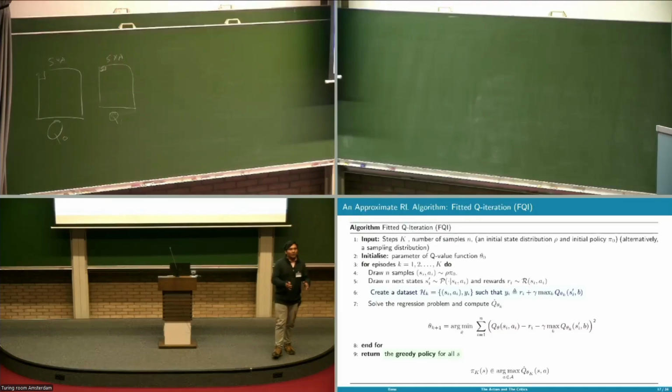So whatever you do with rollouts, you have a proxy of that in these steps. Using this data set, you solve the regression problem and get your next Q value, or its parameter. Then you keep going till you are happy, and you say, okay, now I'll use this Q function to recommend the policy, which is the argmax, just the greedy policy on top of this. We are fine.